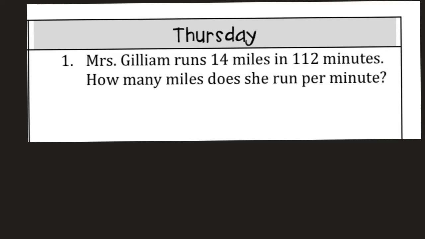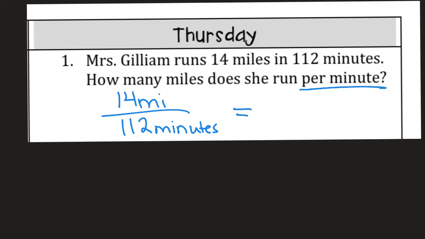So we're just going to go ahead and get started with number 1. Ms. Gillum runs 14 miles in 112 minutes. How many miles does she run per minute? We're going to have to think of this one backwards. So she ran 14 miles in 112 minutes, and we're trying to figure out per minute, which should be 1 minute.